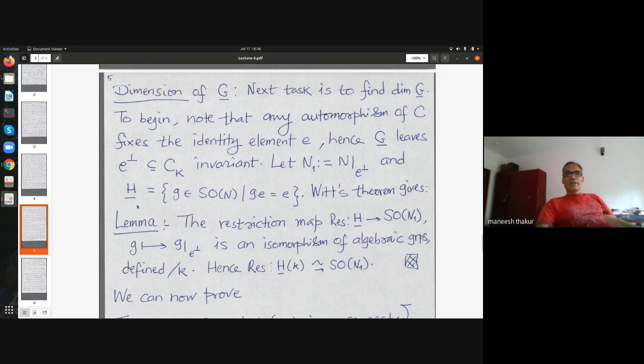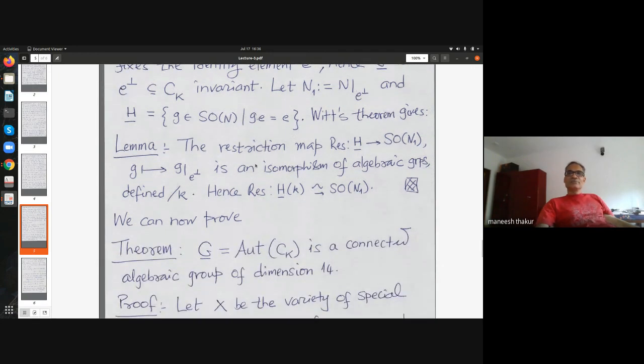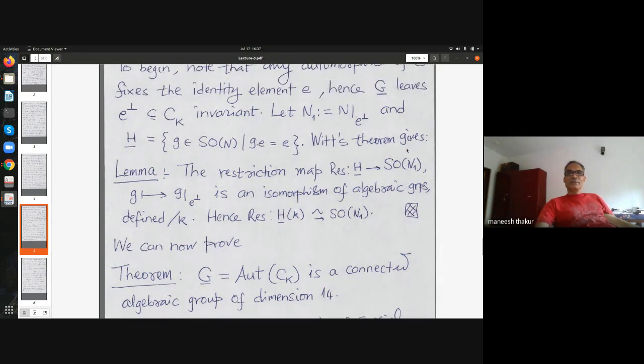So look at this subgroup of SO(N). Using Witt's extension theorem, you can prove that this is actually an isomorphism. So H lower bar is just SO(N1). There is nothing deep here. And the isomorphism is just given by: take a G here, map it to G restricted to E perp. This is an isomorphism of algebraic groups defined over K.